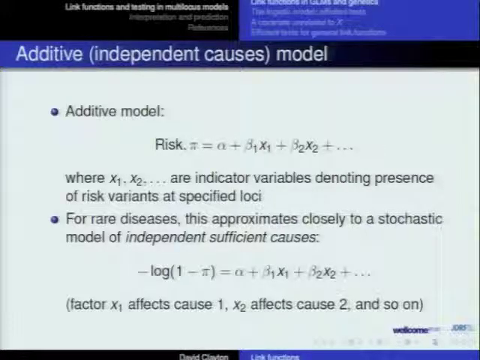In that situation this is the model which will apply, and under the rare disease assumption these models are indistinguishable. So the additive model corresponds to this model of independent sufficient causes, which in genetics coincides with the idea of genetic heterogeneity, as it's called.